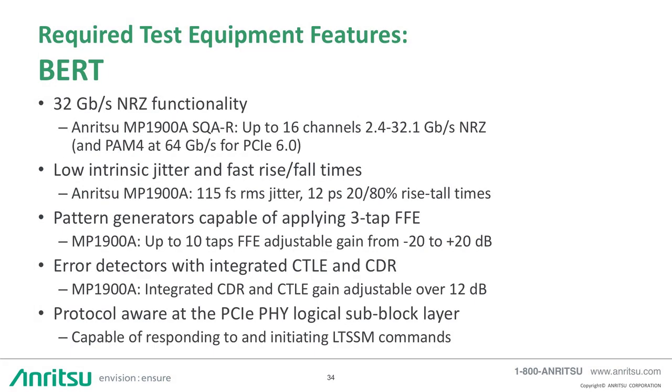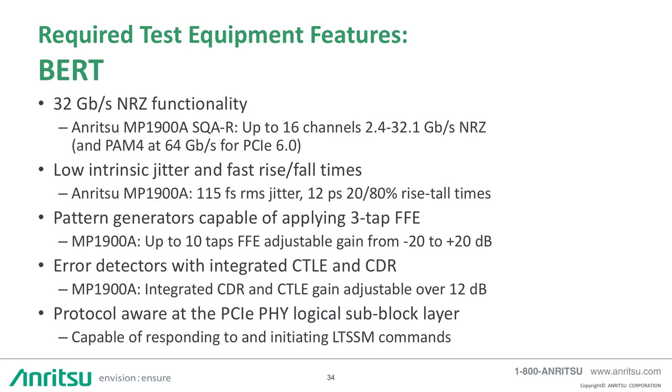The minimum bit error rate tester requirements are, first, multiple NRZ pattern generating channels and error detectors that operate at, of course, 32 gigabits per second, 32 gigatransfers per second in PCIe parlance. The Anritsu MP1900A provides up to 16 NRZ channels adjustable from 2.4 to 32.1 gigabits per second each.